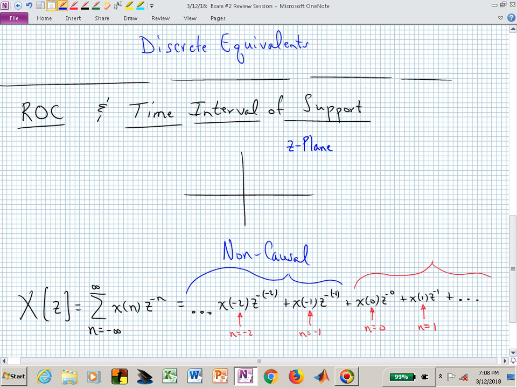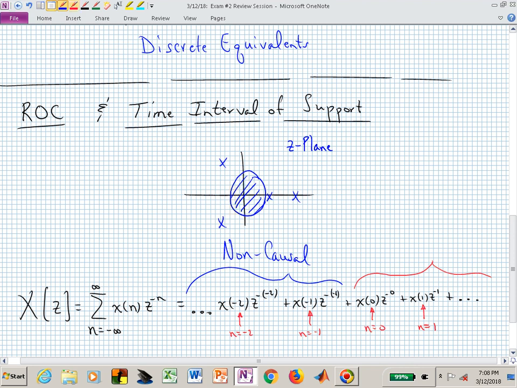So that might hint you in the direction of saying your region of convergence looks like this, and my poles are outside of that region of convergence. And that's by looking at a limiting case.